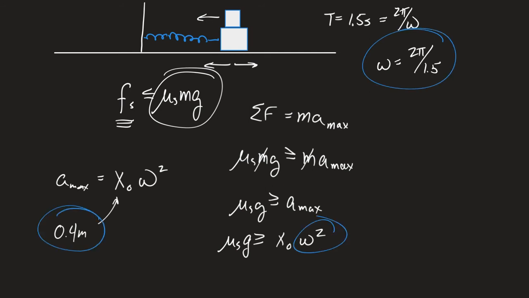I have what I'm supposed to use for x naught. Pretty sure I know g. We're trying to figure out what is the required coefficient of static friction. That's it. Plug them all in, find your number. It's a good question. Solid. It's hard. Got all sorts of physicsy stuff in it. I like it.